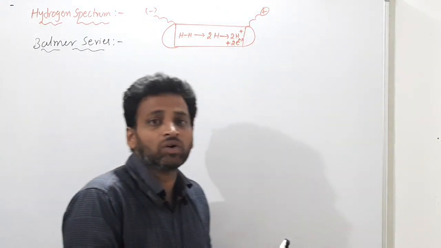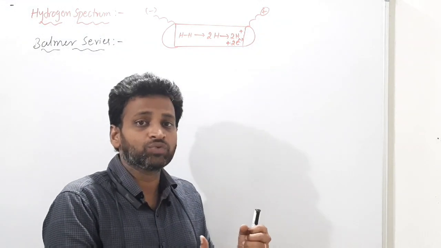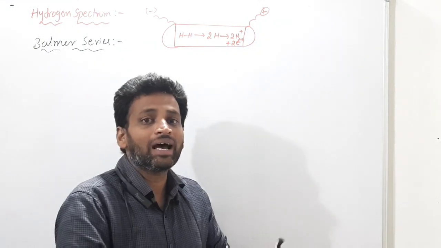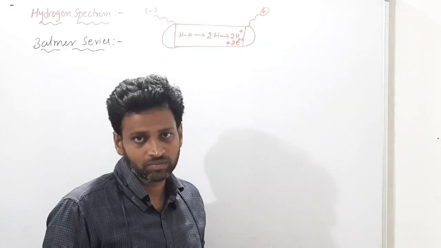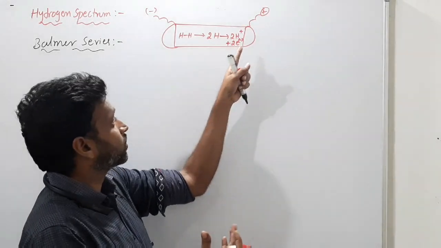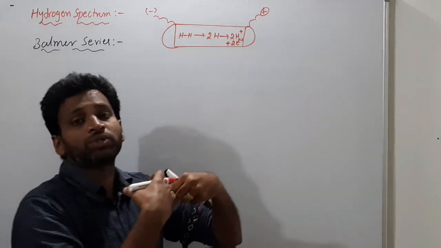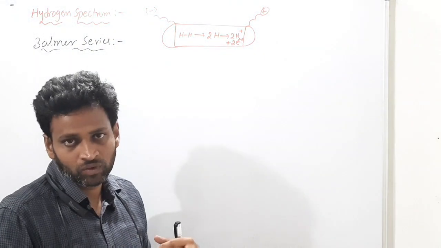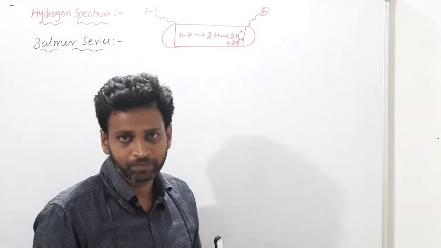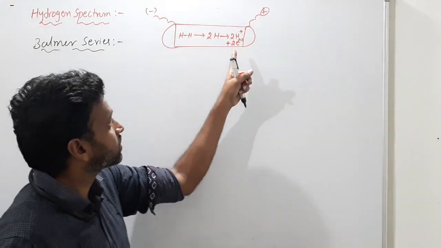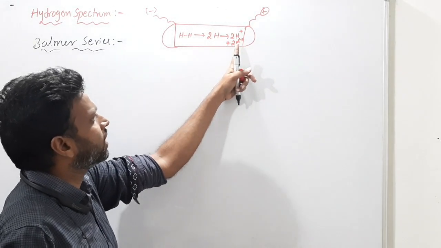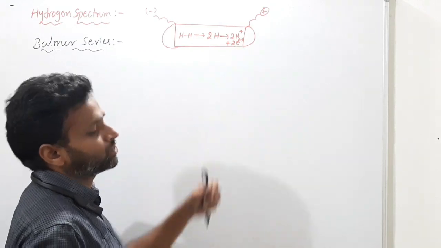Those electrons which were ejected have more energy, because these electrons formed due to absorption of some heat or some energy. So these electrons have very high energy.